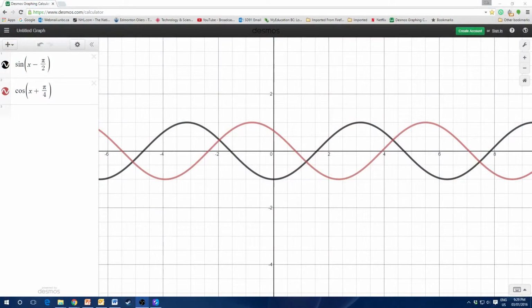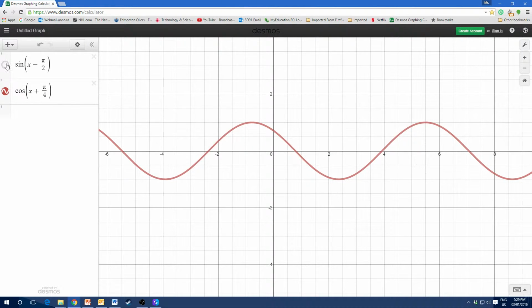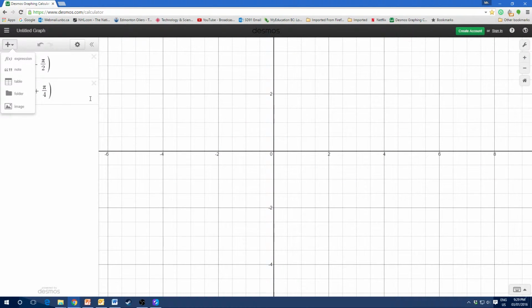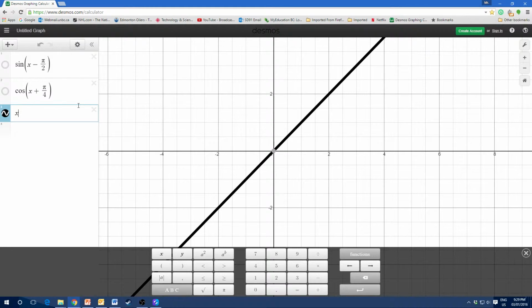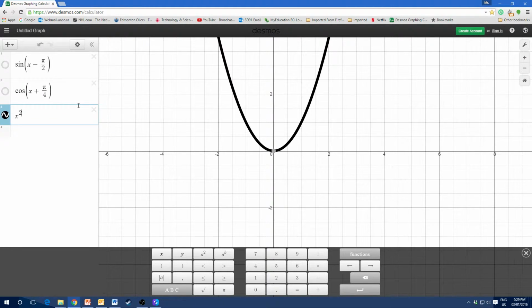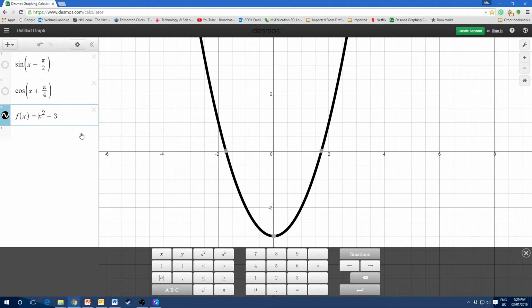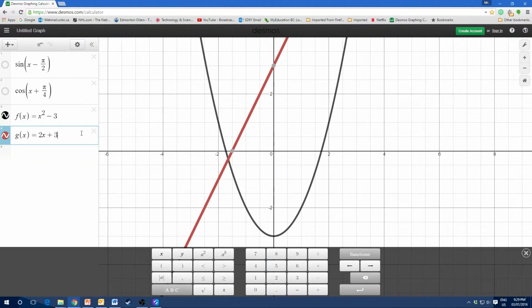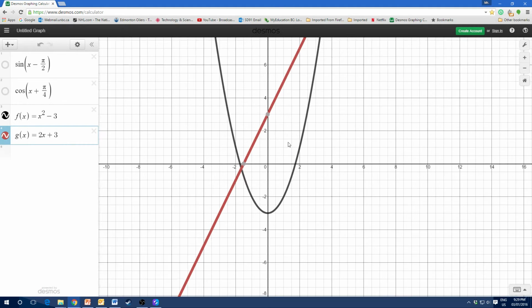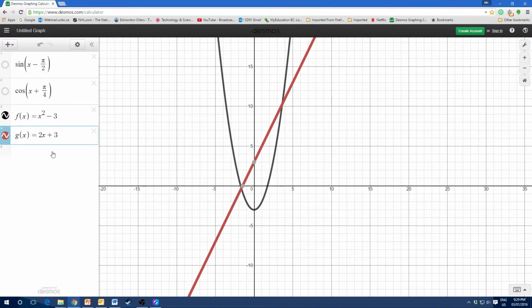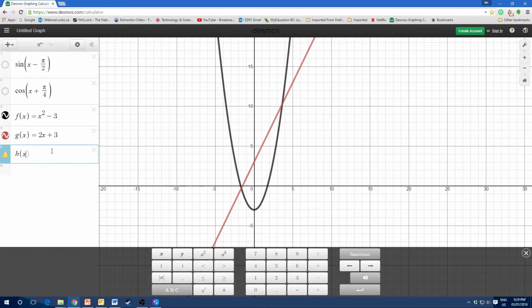Let's say x squared minus 3, we'll label this f of x, and then we'll have g of x equals 2x plus 3. Okay, so there's my functions, and I'll just say h of x is f of x plus g of x. This is much easier to type it this way.